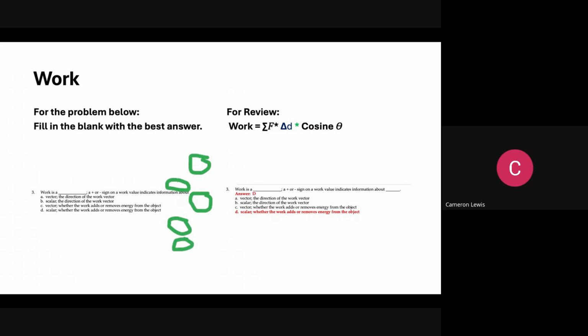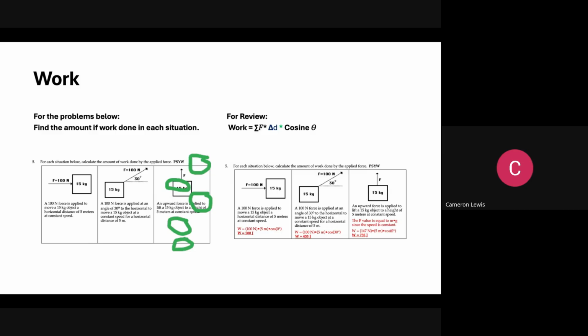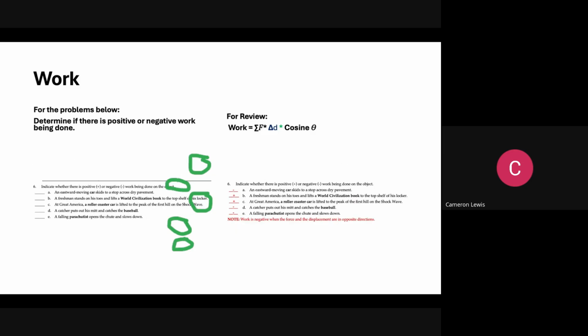So let's try and see an example where that works. I just want to do this one first. Hold on one second.